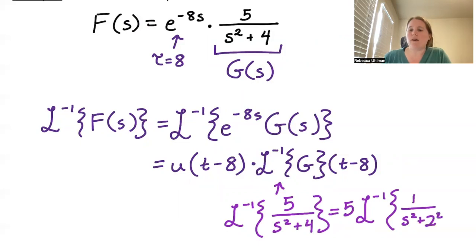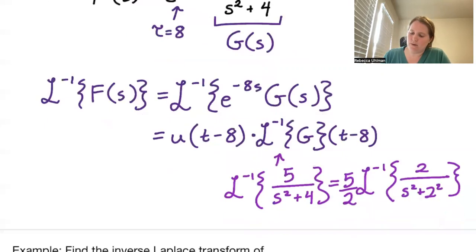And then to make this a recognizable form, we actually need a 2 up top. That will be an omega over s squared plus omega squared form. So we need a 2 up top, which means we need to cancel that out by dividing by 2 up front. So we have 5 halves times the inverse Laplace transform of 2 over s squared plus 2 squared.